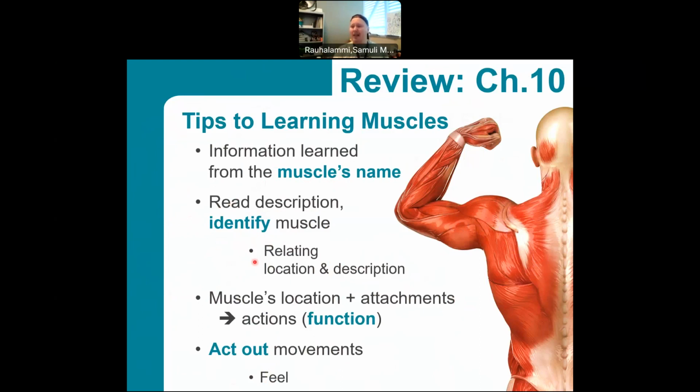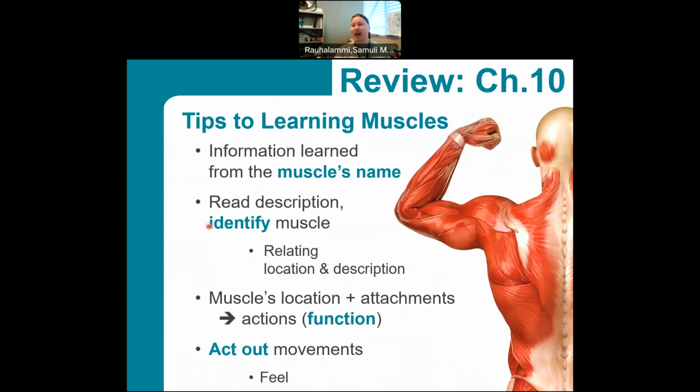By that, I mean try to connect what the material you're using provides about the location where the muscle is found, and also the description of the muscle. Because rather than just memorizing a diagram where the third blank line is going to be this or that muscle, you really want to be able to transfer this knowledge to a real world setting.